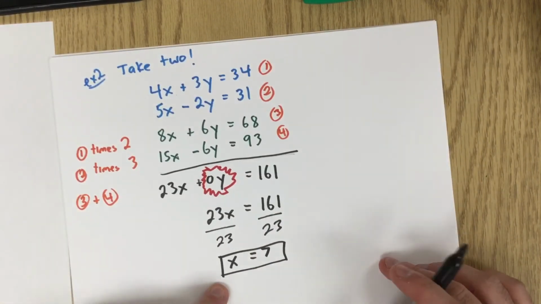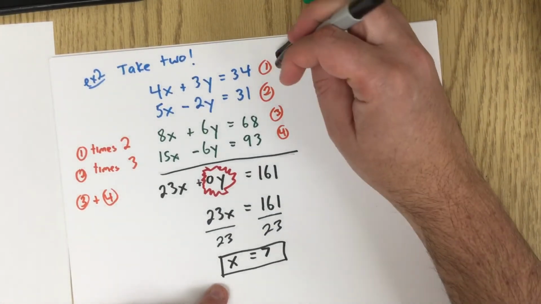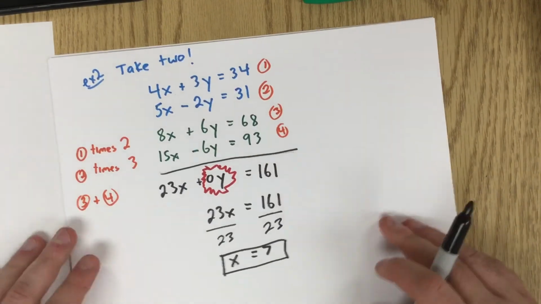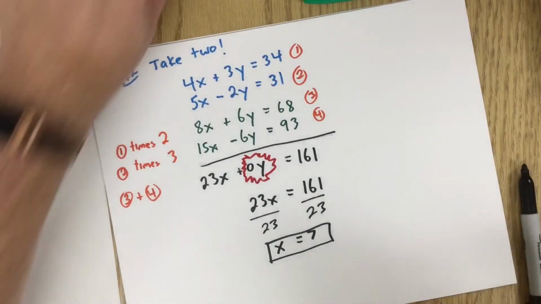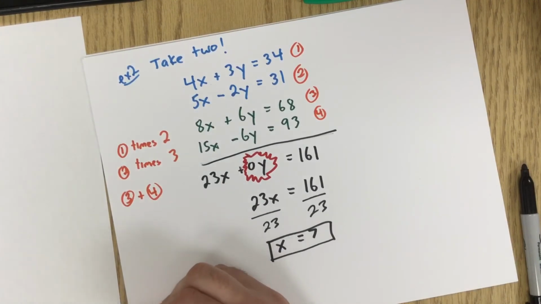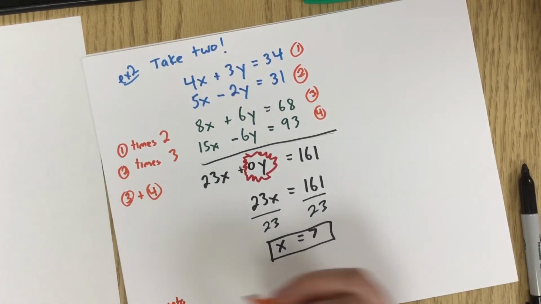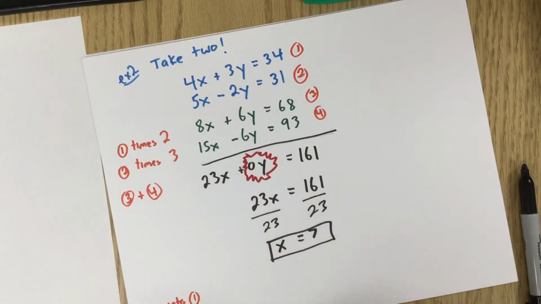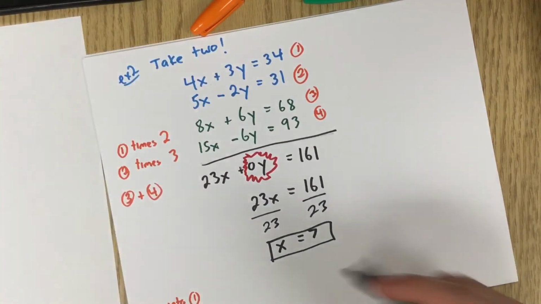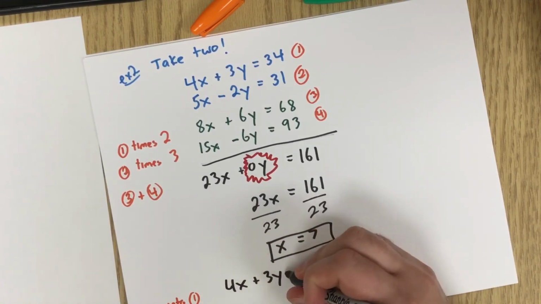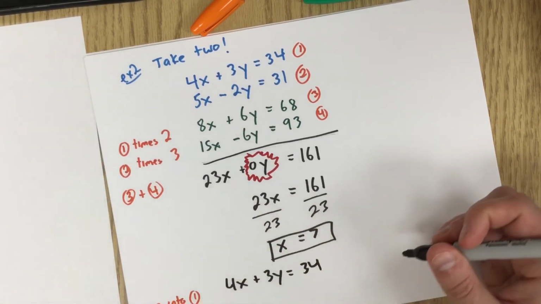Now we can actually plug this one into equation 1 or equation 2 or equation 3 or equation 4. It doesn't actually matter. All right, so I'm going to put x equals 7 into equation 1 because why not? So equation 1 is 4x plus 3y equals 34.